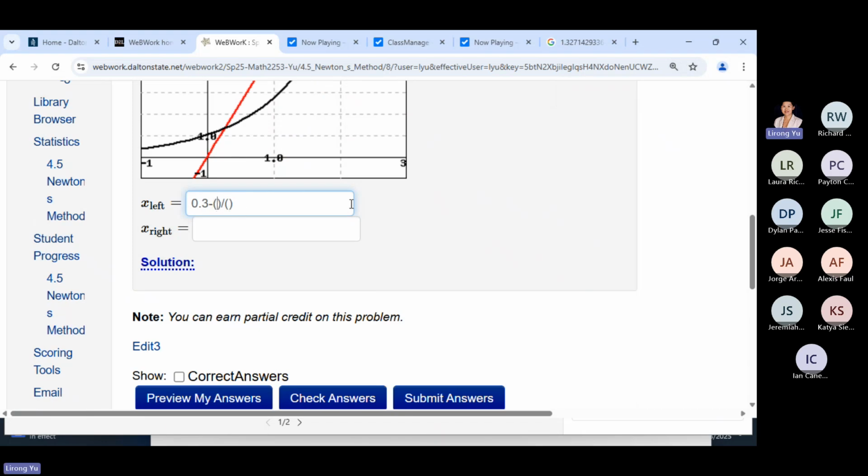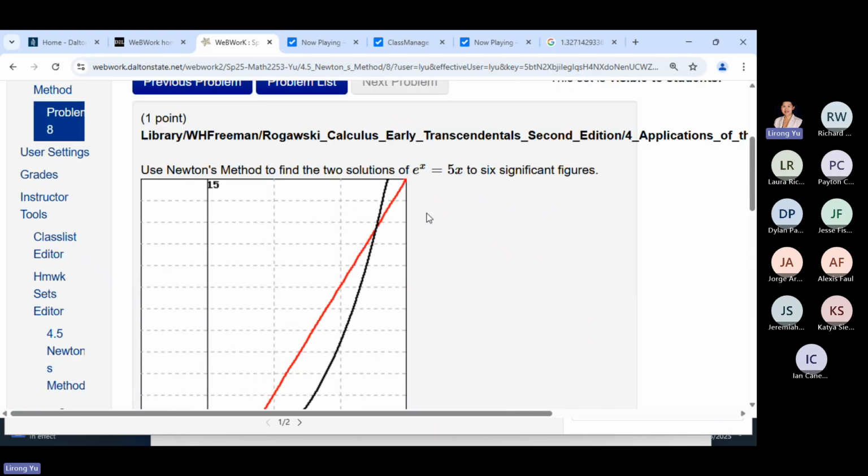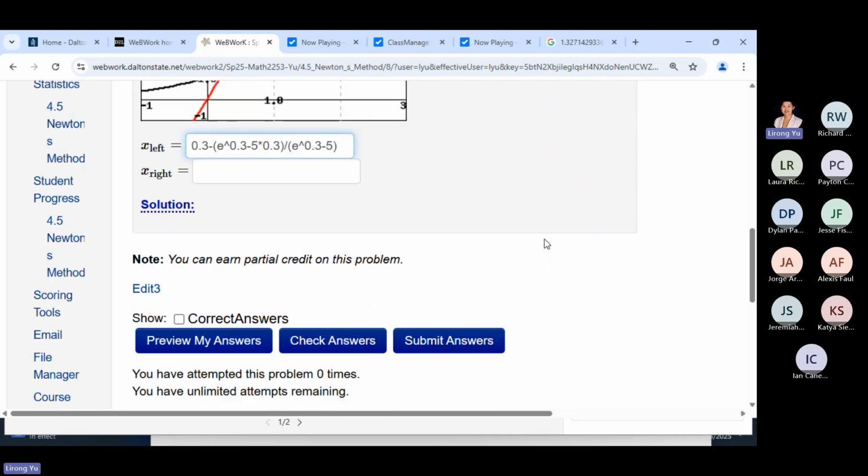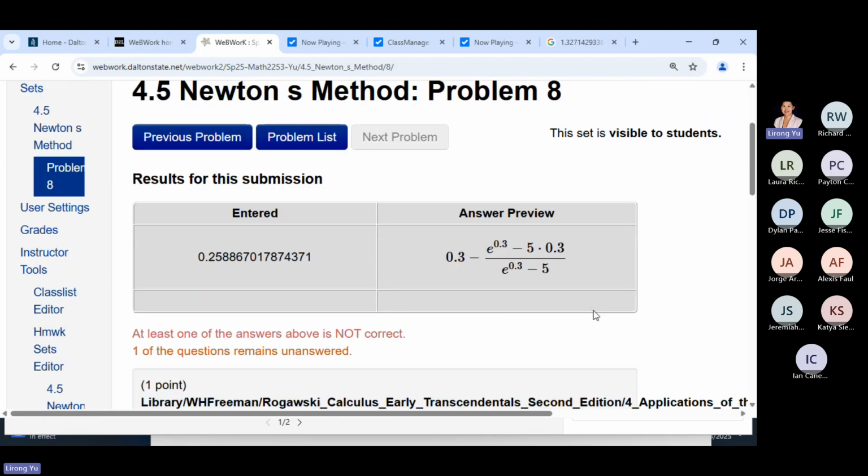So that will be the calculation for the updated answer.